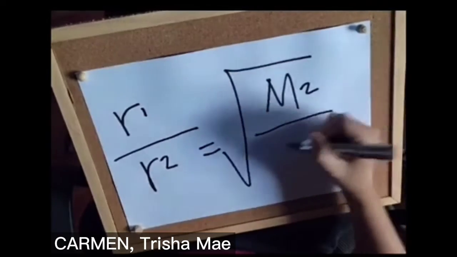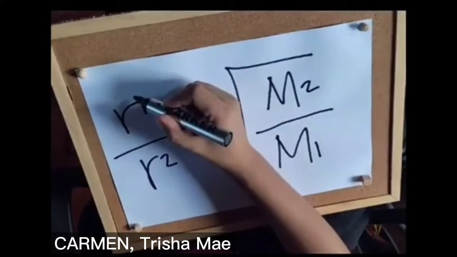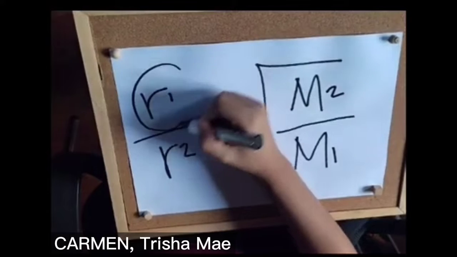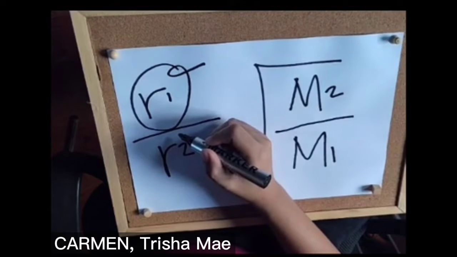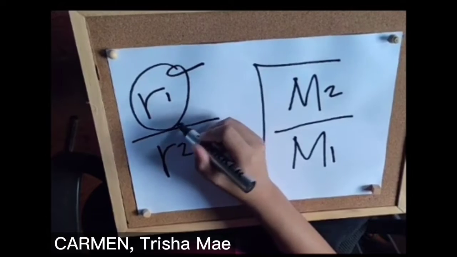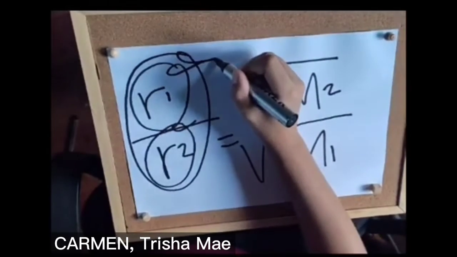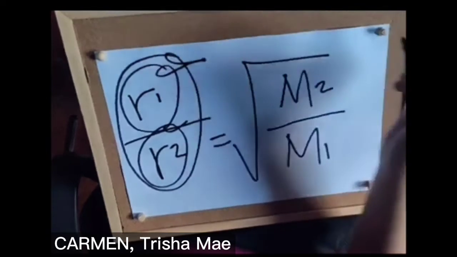M2 divided by M1, where R1 is the rate of diffusion or effusion of gas 1, and R2 is the rate of effusion or diffusion of gas 2. Respectively, these are measured in moles per unit of time.